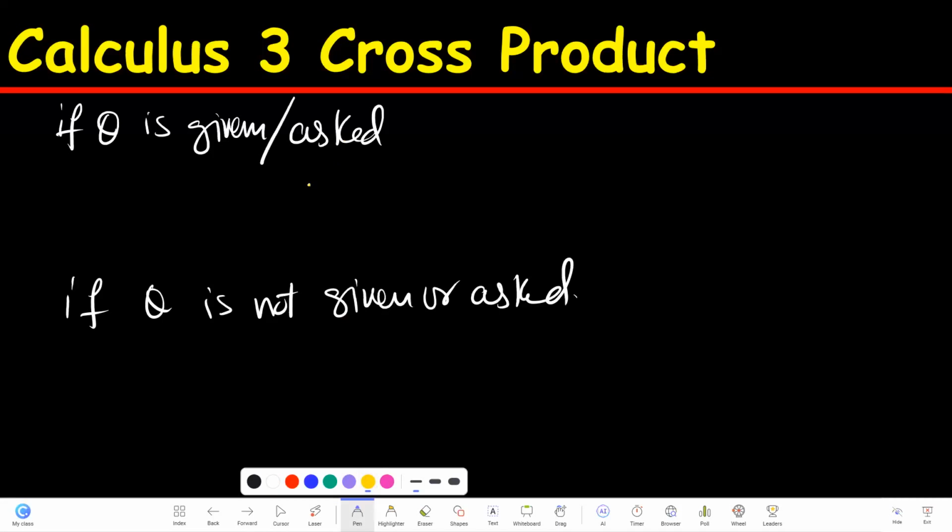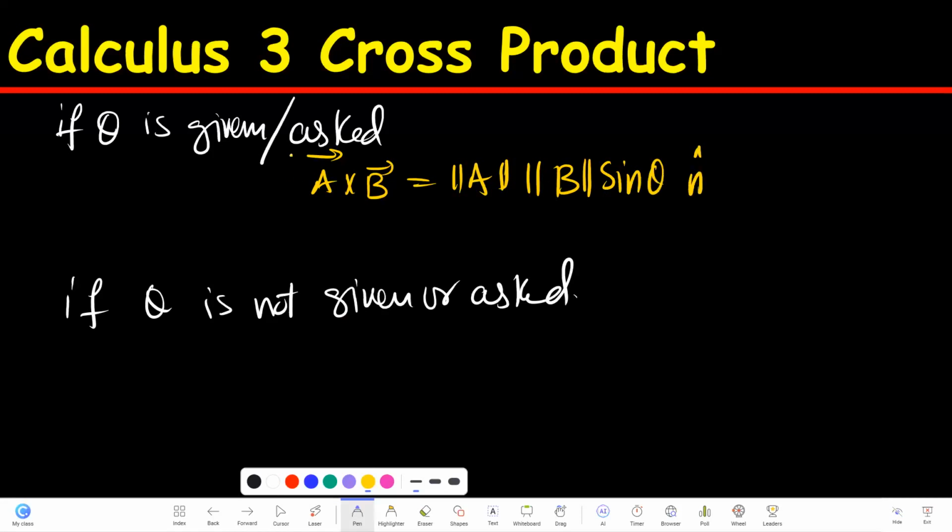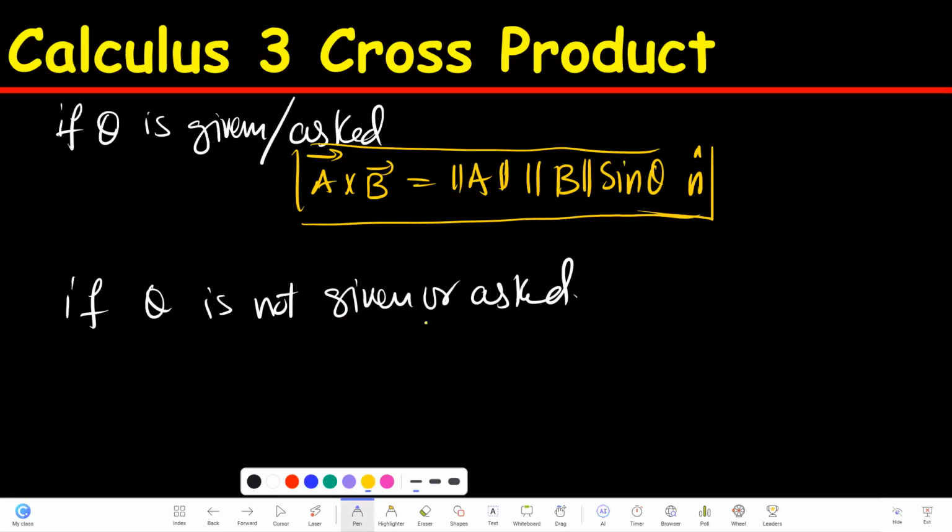If theta is given or asked, you're going to use this method. You decide which method you're going to use. If theta is not given or asked, you're going to use the determinant method. Okay.